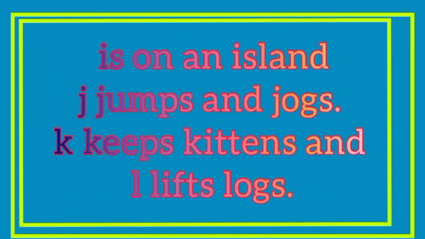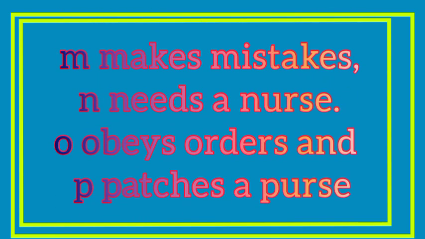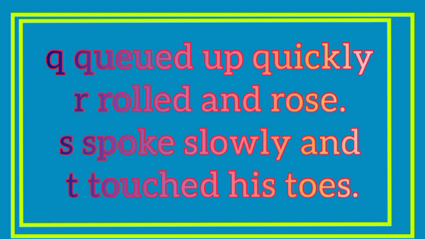I is on an island, J jumps and jogs, K keeps kittens, and L leaves logs. M makes mistakes and needs a nurse. O obeys orders and P patches a purse. Q queued up quickly, R rolled and rose.